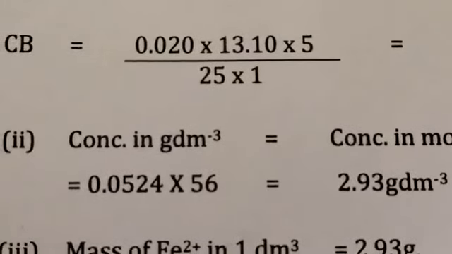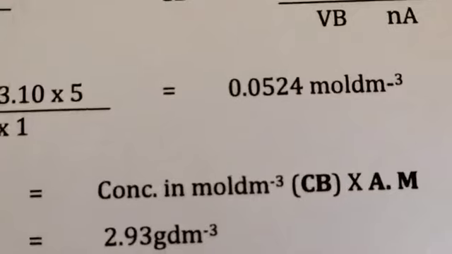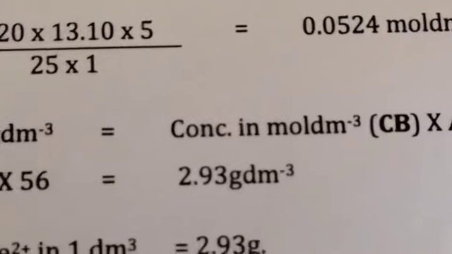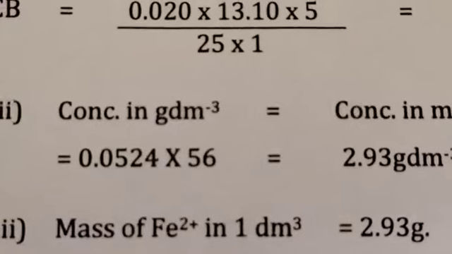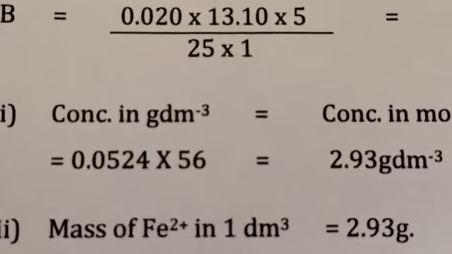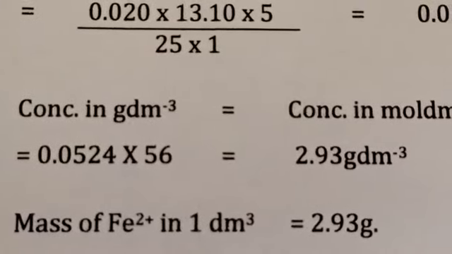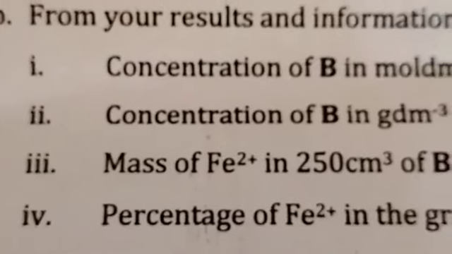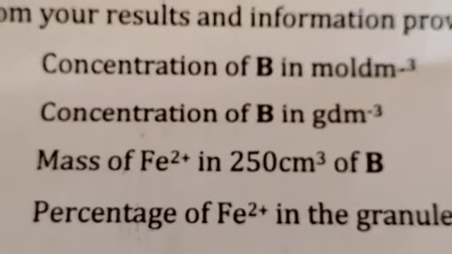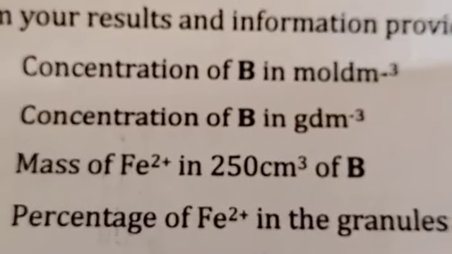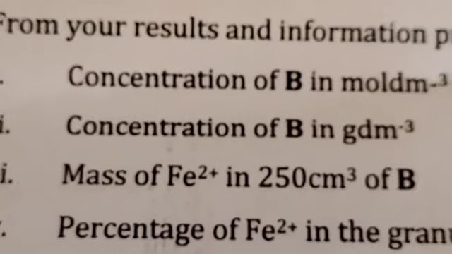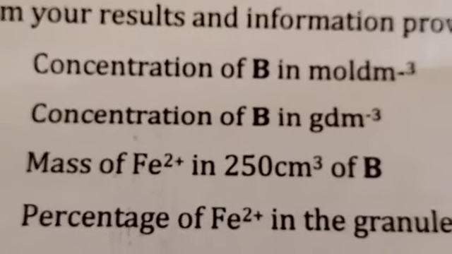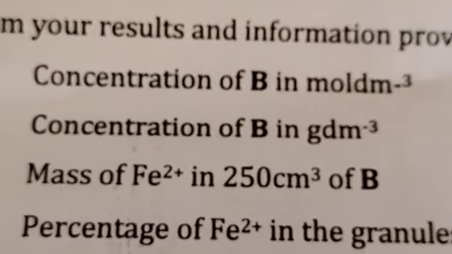So in your own solution, use what you got as CB in question I and then multiply it by 56. That becomes your concentration of B in gram per dm cube. Number 3 question says mass of iron 2 ion in 250 cm cube of B. So let's see how it goes.